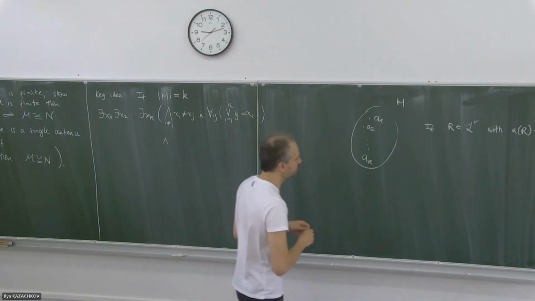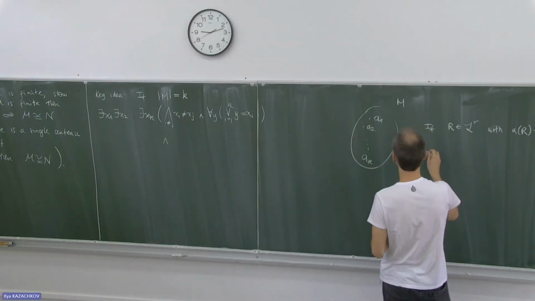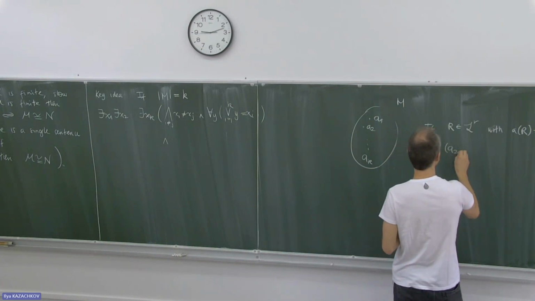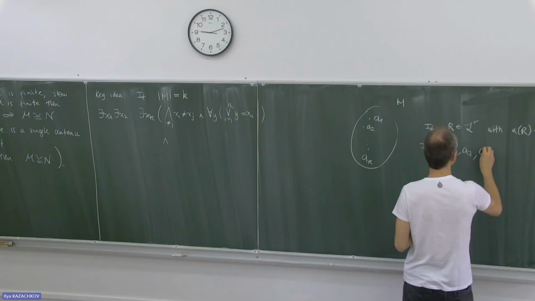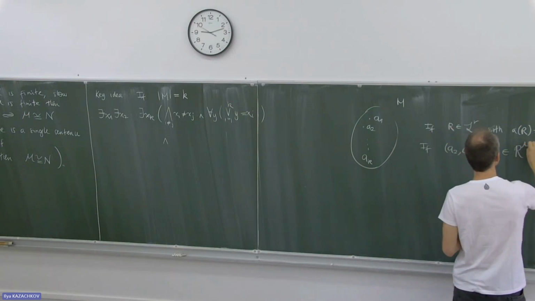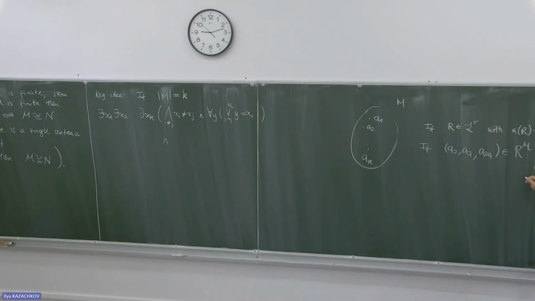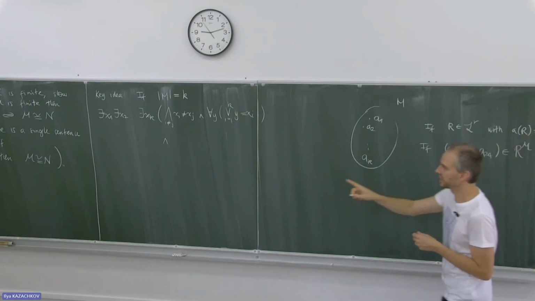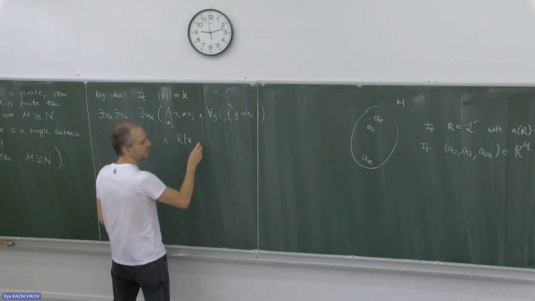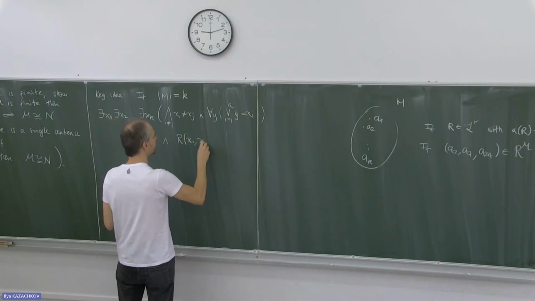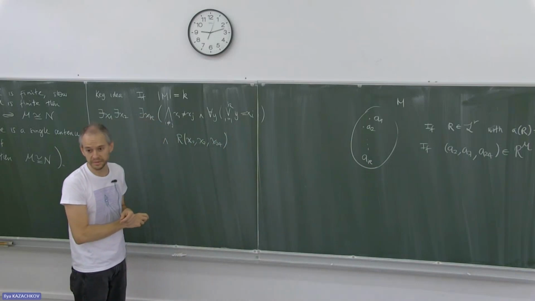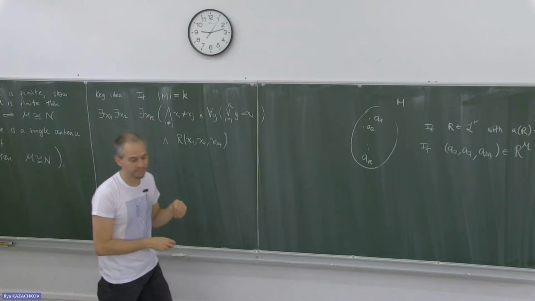if A2, A7, and A24 are in the relation, then I would like to put here something like R of x2, x7, x24, as part of my formula.